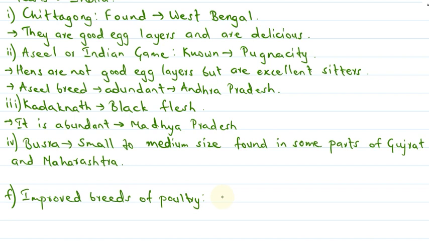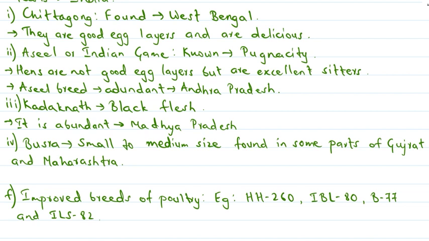So the improved breeds of fowl are, for example, HH260, then IBL 80, B77 and ILS 82. So these are some of the improved breeds of fowl. And the increase in production of egg in India is known as silver revolution.